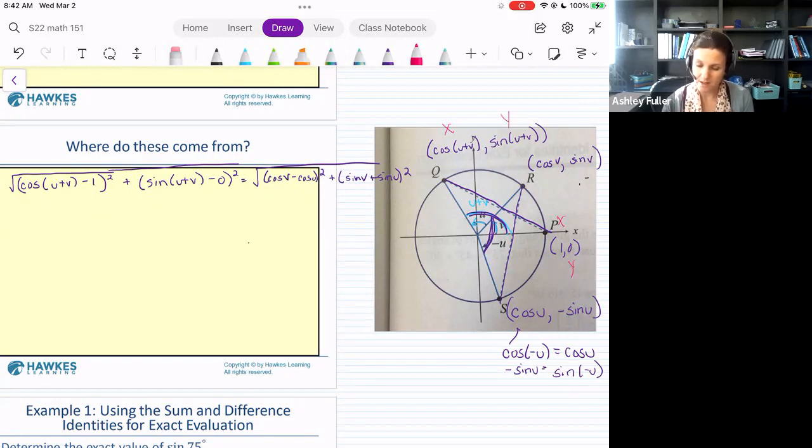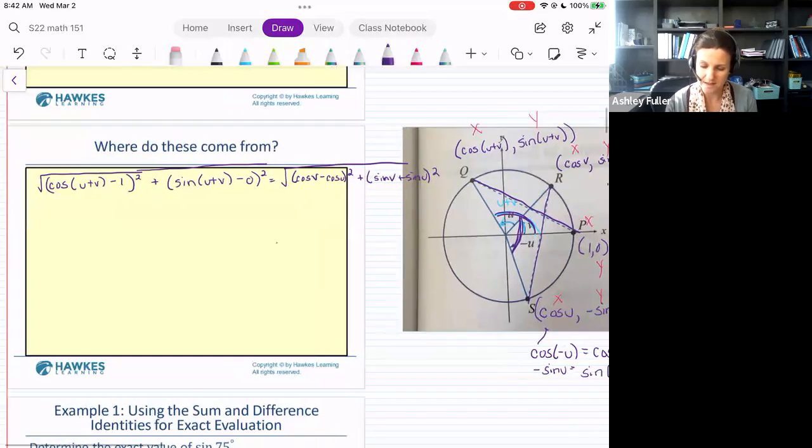For the right side of the equation, we're using our x values between R and S, and our y values between R and S. So now, as we perform our calculations on this, if we square both sides, that's immediately going to get rid of the square roots. And then if we FOIL everything out, we end up with the cosine squared of u plus v minus 2 cosine of u plus v plus 1.